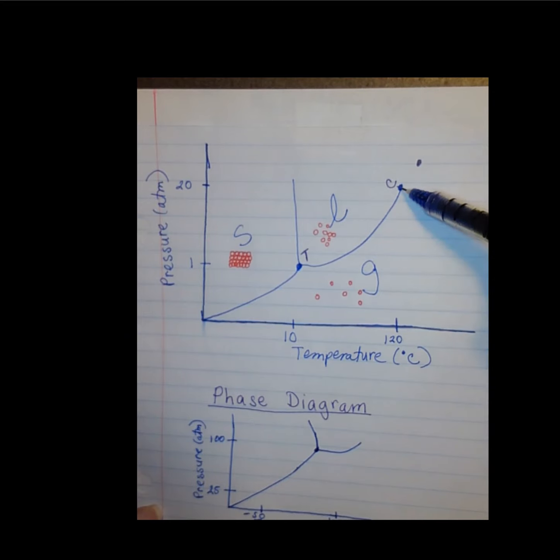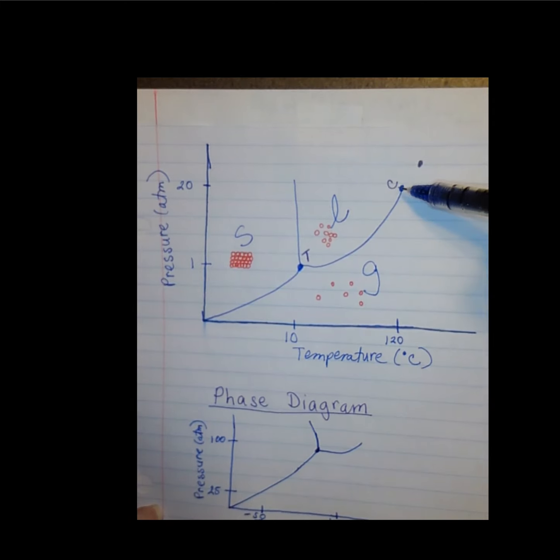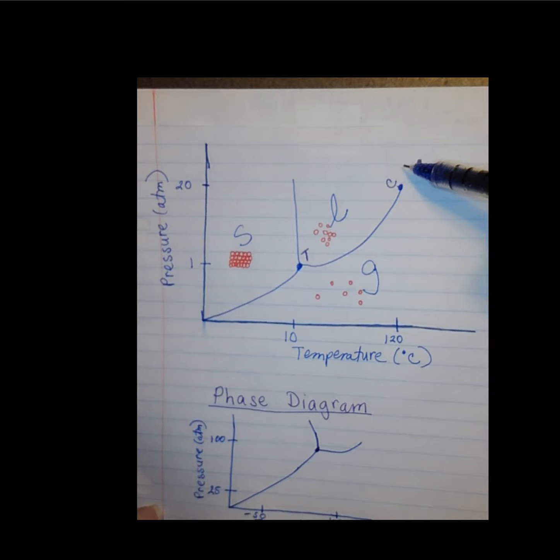This critical point is at a certain temperature and pressure, and this point is the last boundary where a substance is separated into a liquid and a gas. If you increase the temperature and the pressure of the substance, then the area right above the critical point is called the supercritical fluid.